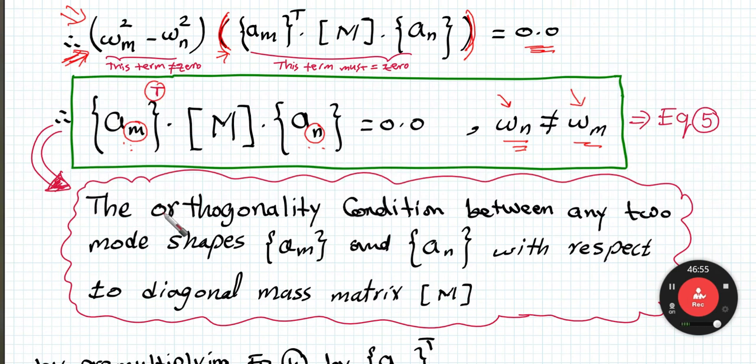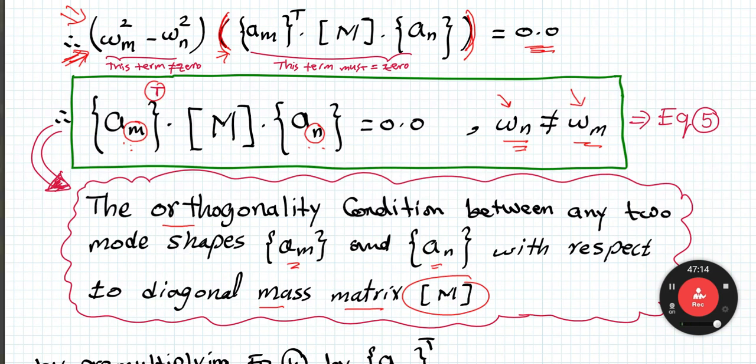Okay, so the meaning here is clear for us. The orthogonality condition between any two mode shapes AM and AN with respect to diagonal mass matrix M. So this is what we call the orthogonality condition.